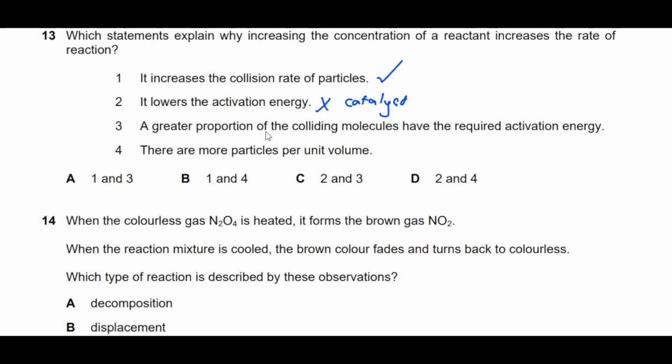A greater proportion of colliding molecules have the required activation energy. That's not correct. You're adding more molecules. You're not increasing the energy of the molecules, right? So this would actually be because of temperature, not concentration. Okay? There are more particles per unit volume. That's correct because you're adding more particles when you increase the concentration. So therefore the answer is B.